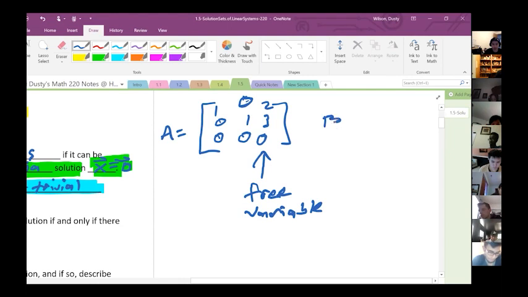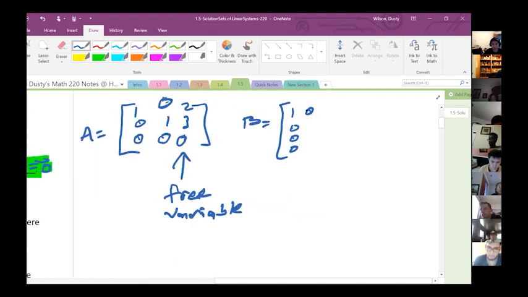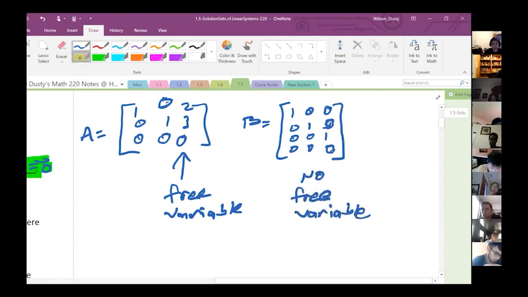But imagine that you have a B matrix, 1, 0, 0, 0, 0, 0, 1, 0, 0, 0, 0, 1, 0. Notice that there's no free variable, even though both A and B have a row of zeros.